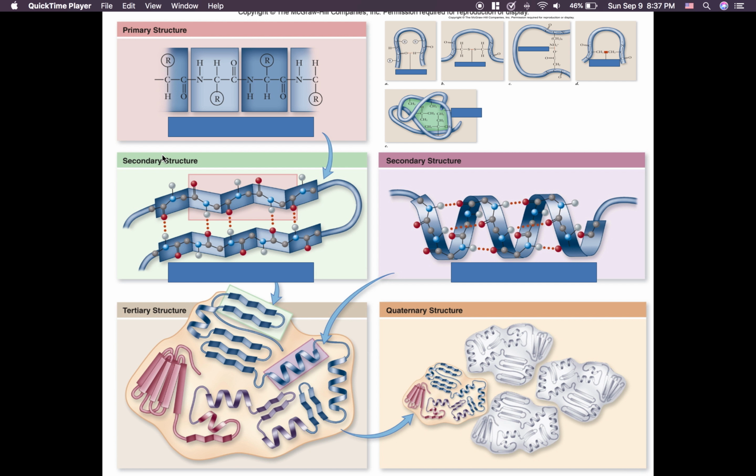Next, we have secondary structure, which is the localized area of repeating structure. This includes the alpha helix, shown right here, and the B-pleated sheet, which is shown right here.